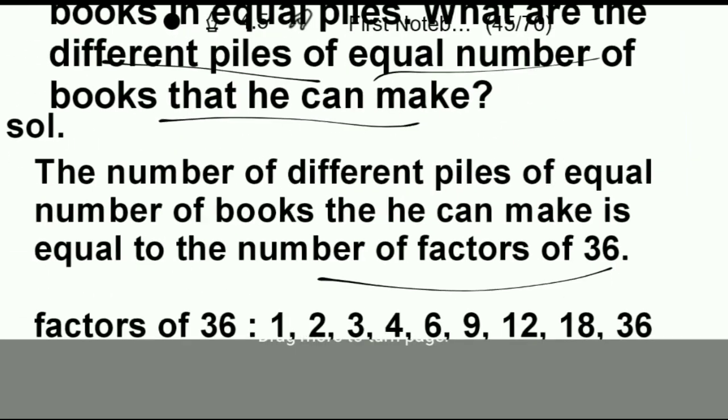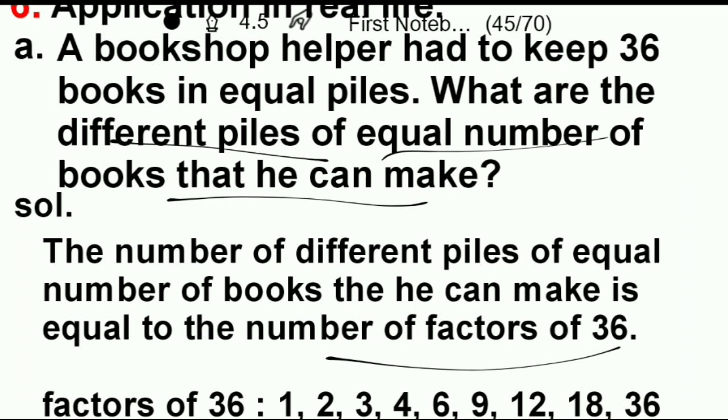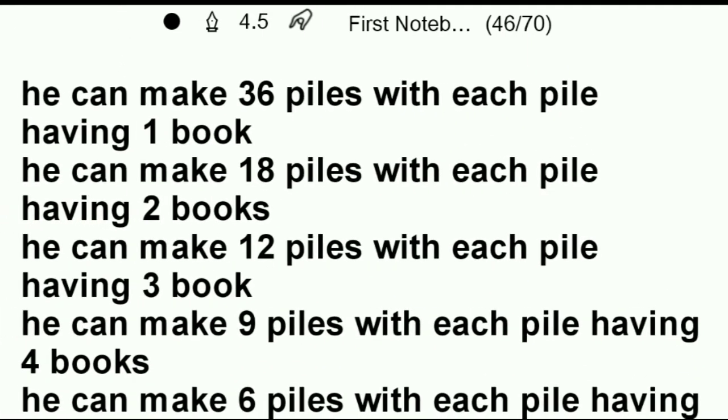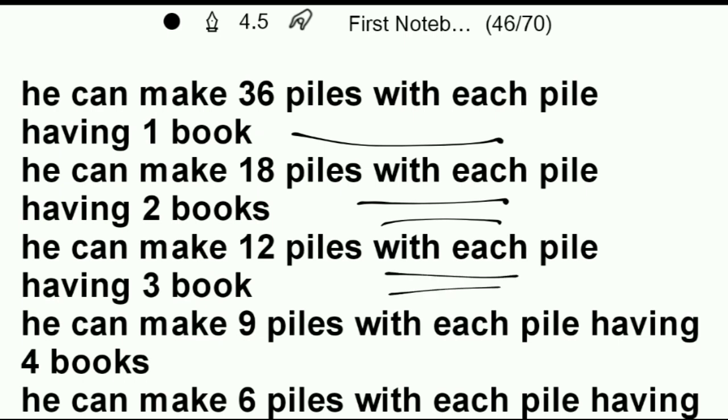So factors of 36, we know, are 1, 2, 3, 4, 6, 9, 12, 18 and 36. These are the factors of 36. So how to arrange it? See, he can make 36 piles with each pile having one book. Then he can make 18 piles of 2. Then 12 piles of 3.